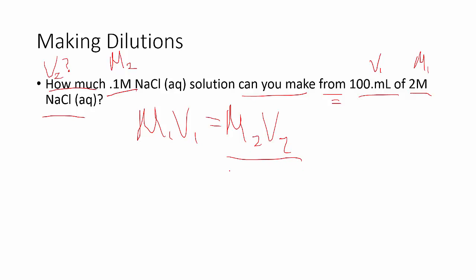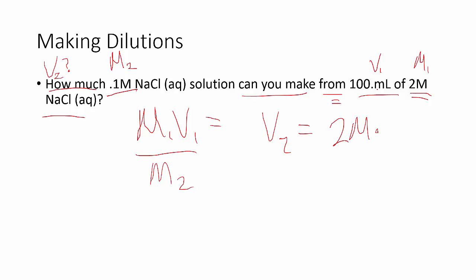So again, get V2 by itself: divide both sides by M2. M2 on this side cancels out, and I'm left with V2 equals M1V1 over M2. Now it's just plug and chug, piece of cake. M1 is 2 molar, times V1, 100 milliliters, divided by M2, 0.1 molar.